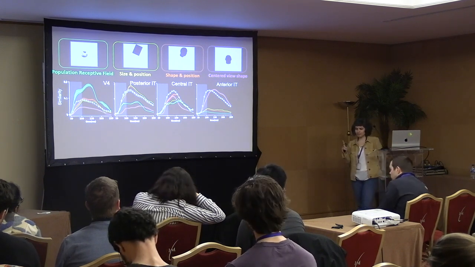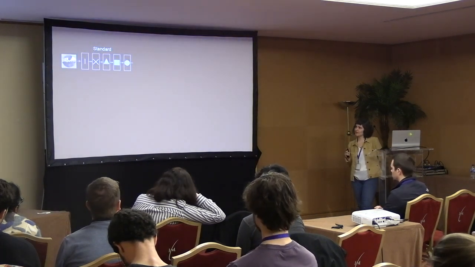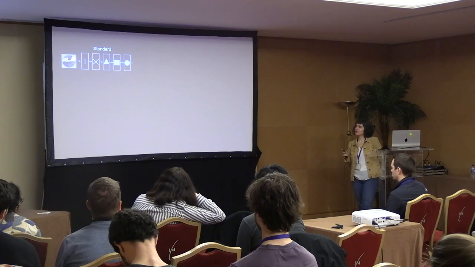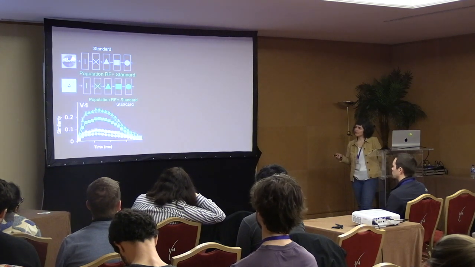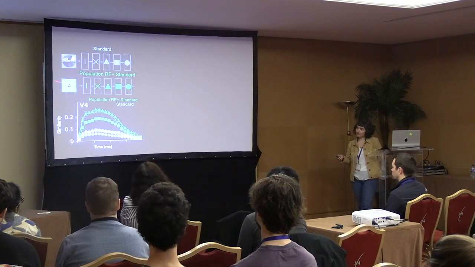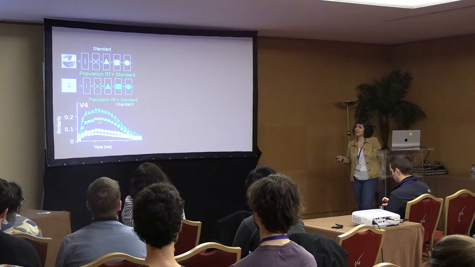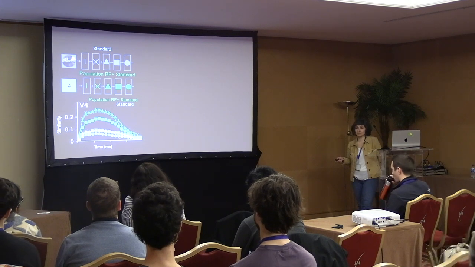And so now what I'm going to show is the first step toward that next cycle of modeling. I took the standard ResNet and pushed this part, the receptive field, through this ResNet-50. And these are all the explanations provided by that model compared to the standard.